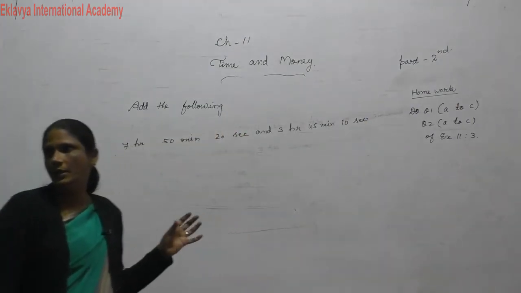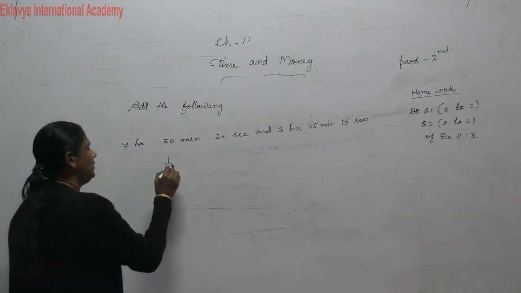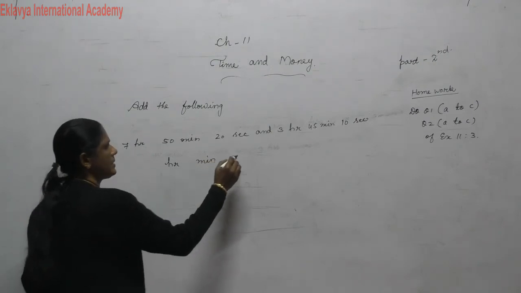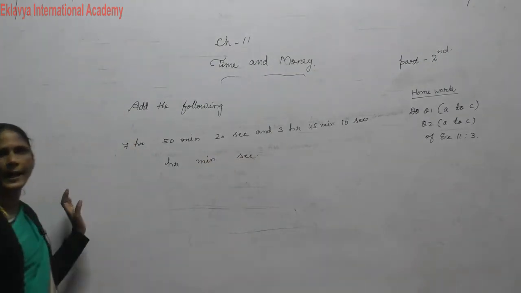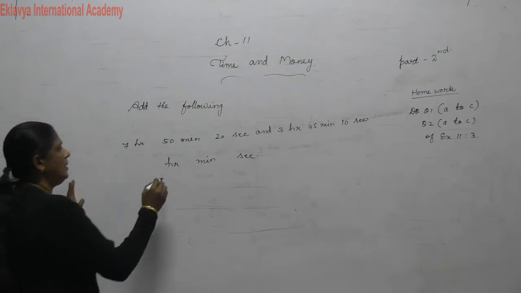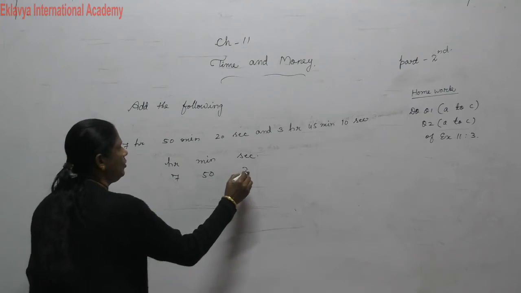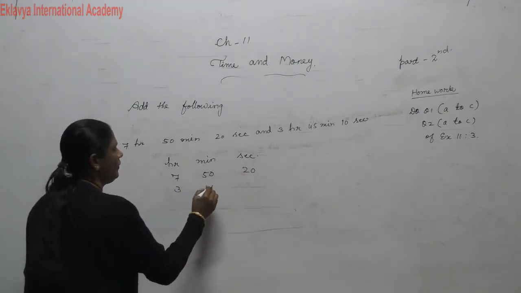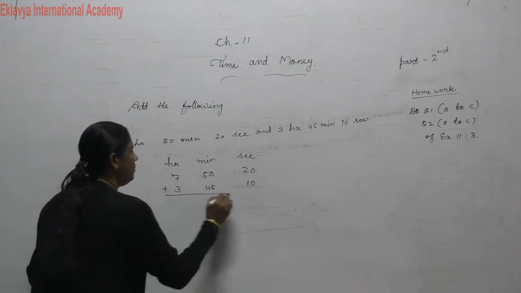First we make 3 columns: hour, minute and second. Then we arrange these numbers: 7, 50, 20. Here 3, 45, then 10. Then add these numbers.